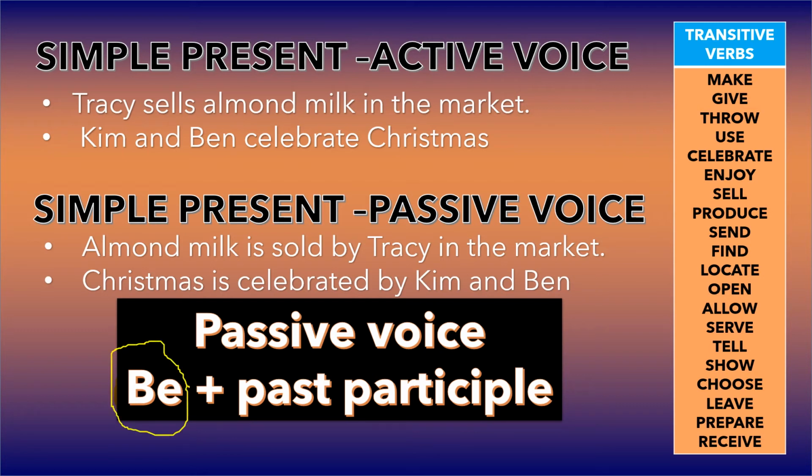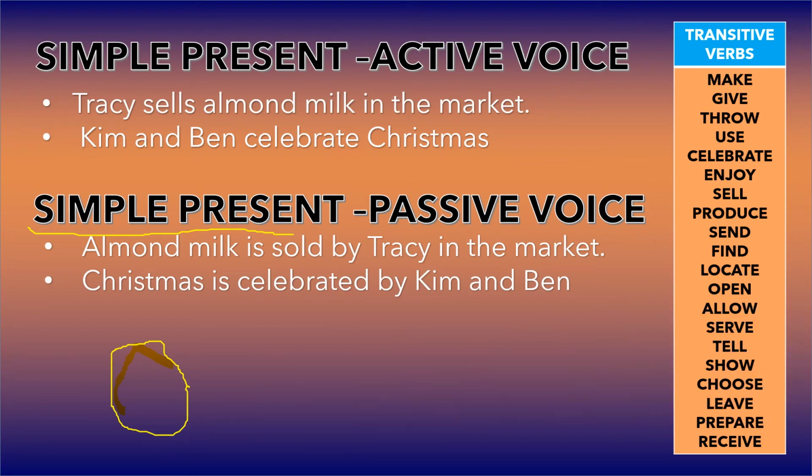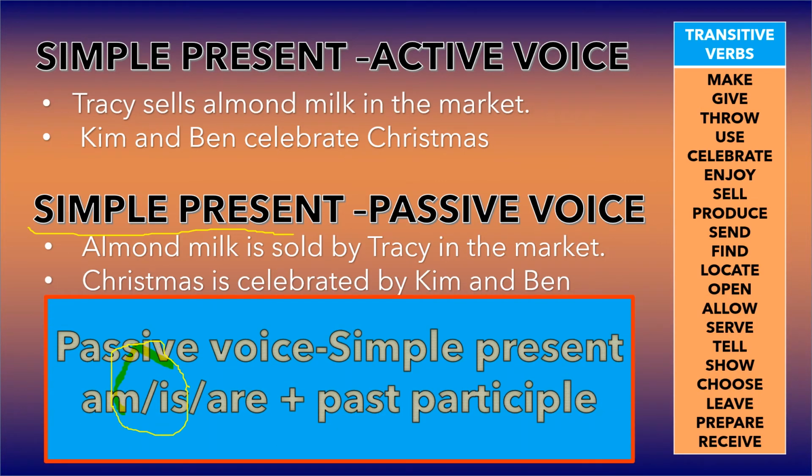Be will change depending on the tense because it needs to reflect the tense. For example, if I ask you, what is the present of be? What would you say? The present of be is are. So that's the structure for simple present passive voice. Simple present passive voice is is, are, and a past participle.